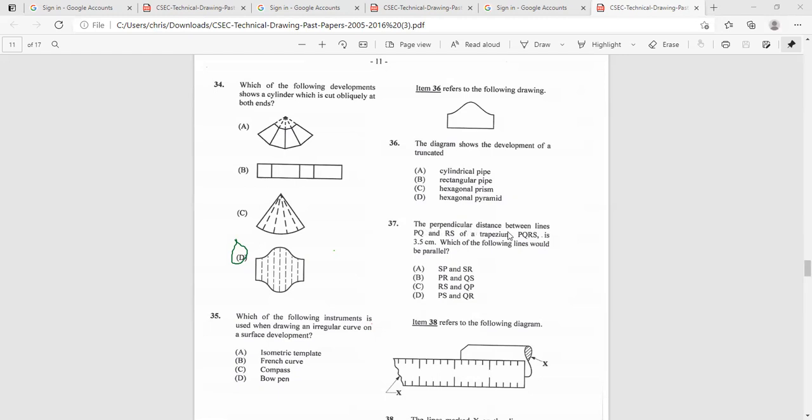The perpendicular distance between lines PQ and RS of a trapezium. So remember, a trapezium looks something like this.